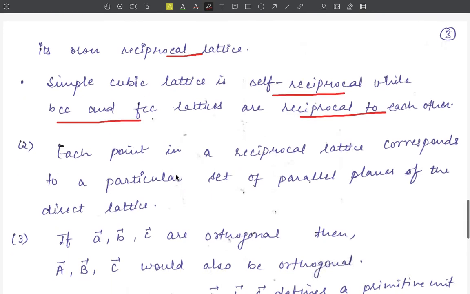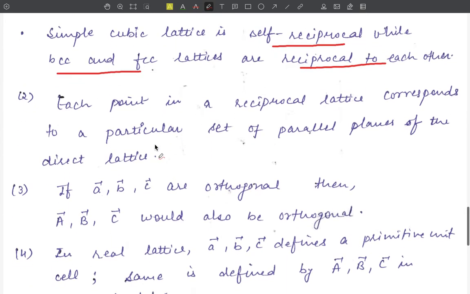The next property of the reciprocal lattice is that each point in the reciprocal lattice corresponds to a particular set of parallel planes of the direct lattice. That is, for a set of parallel planes in the direct lattice, we have just a single point in the reciprocal space that represents all the properties of that parallel plane set.